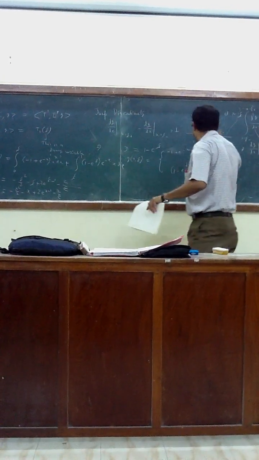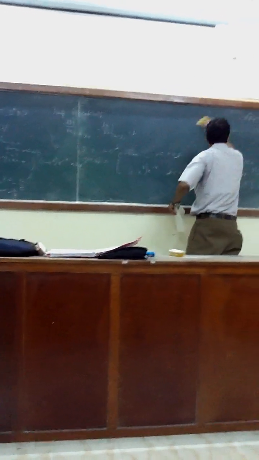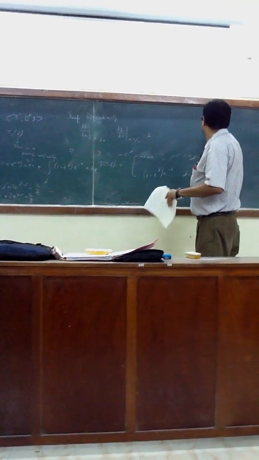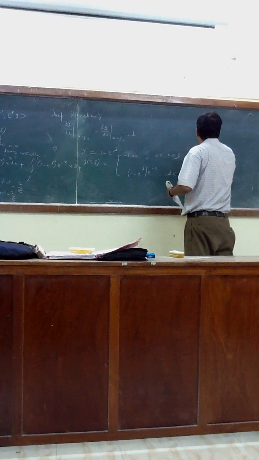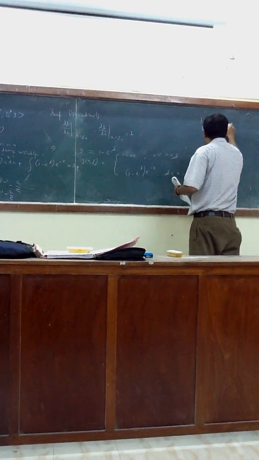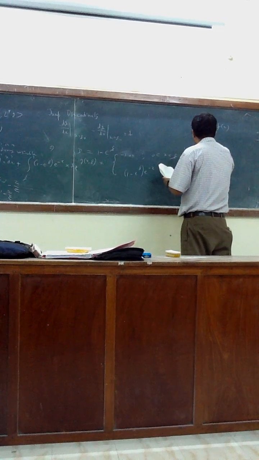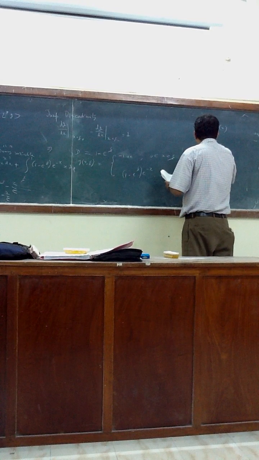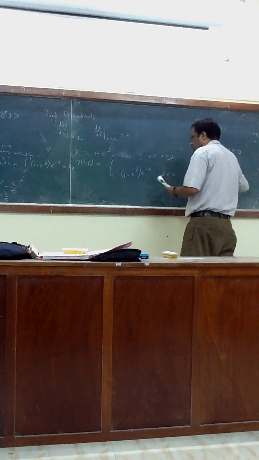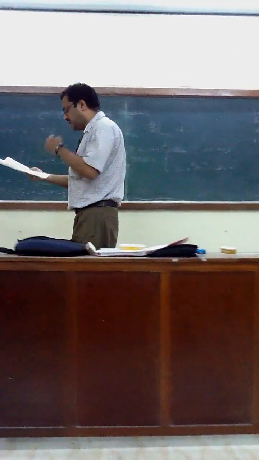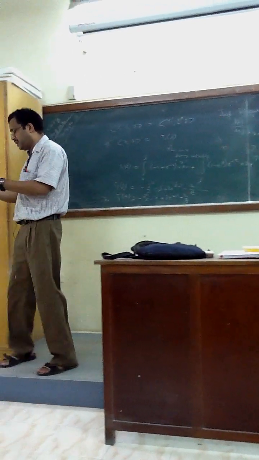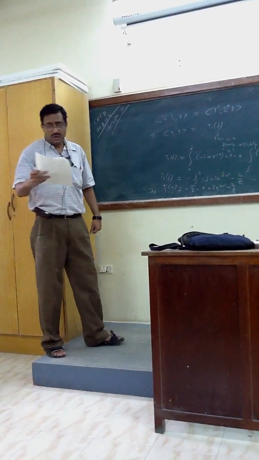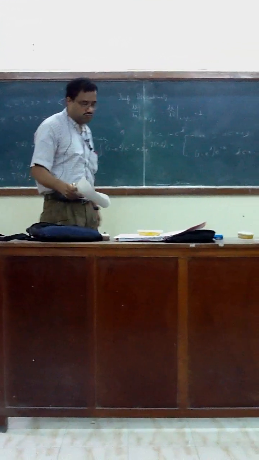Another quick problem I am giving before entering the Green's function part. The differential equation is minus d square u by dx square equals f(x). The boundary conditions: u(0) equals 0, u prime(1) plus alpha u(1) equals 0. I want the Green's function for this problem, but you tell me what is the operator for Green's function and what are the boundary conditions for the Green's function.